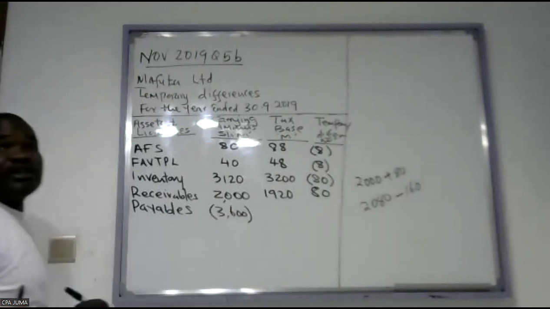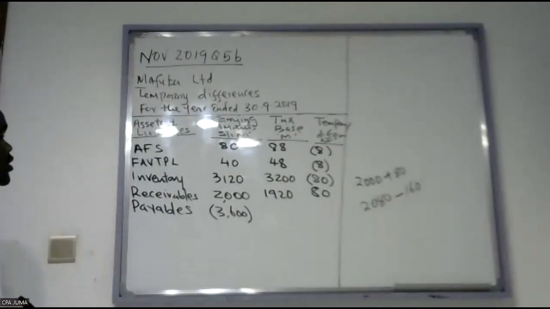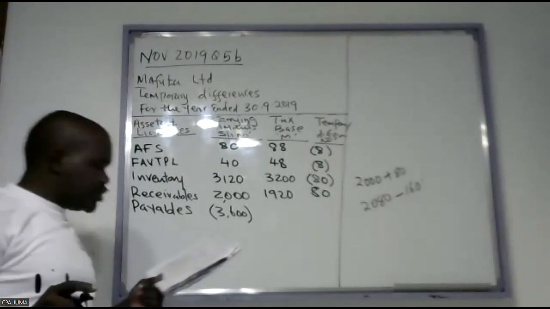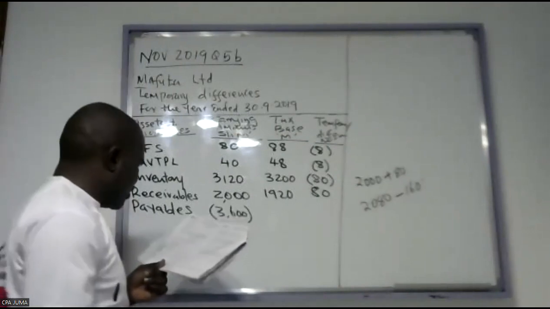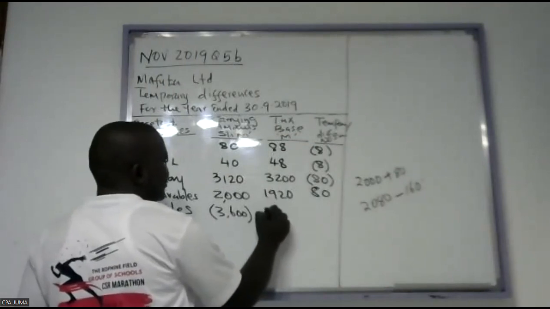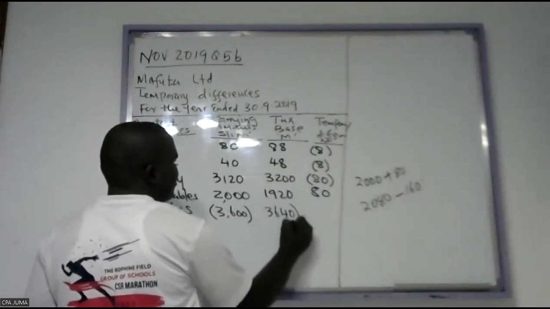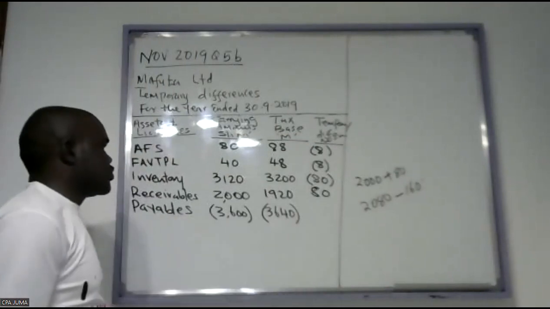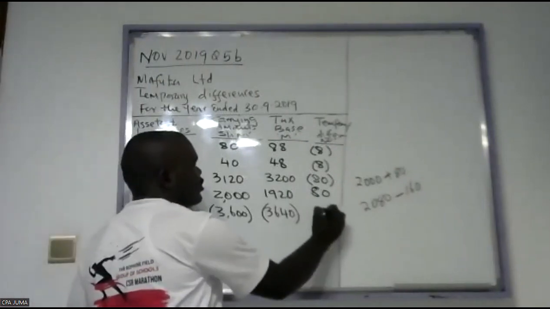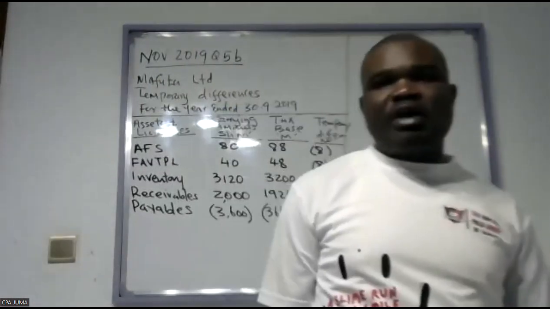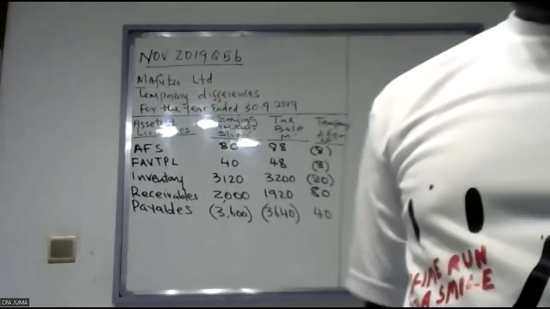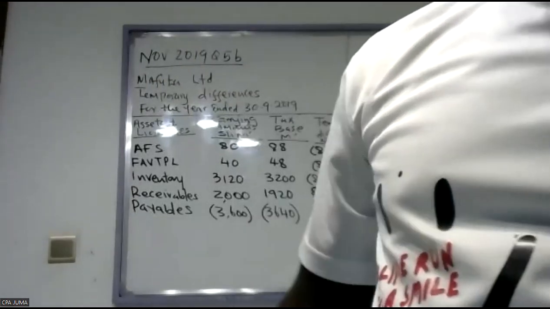Remember, this is a liability, so you subtract. After making a provision of 40, gross up. So this one will be 3640. So here we'll have positive 40.